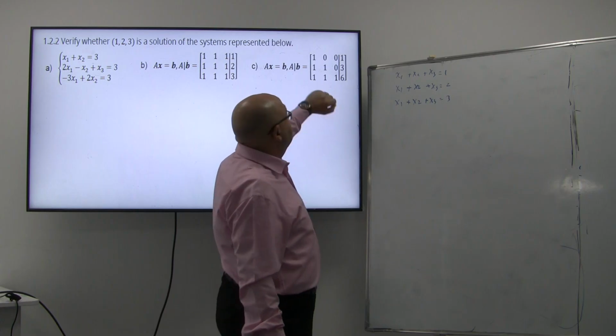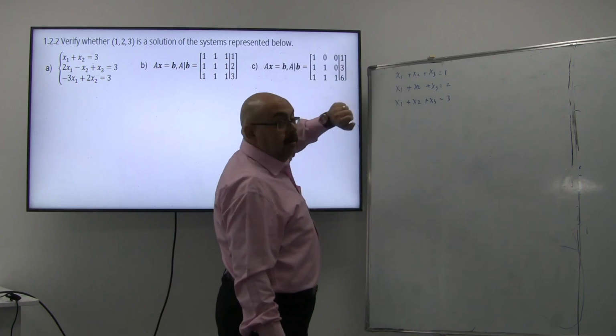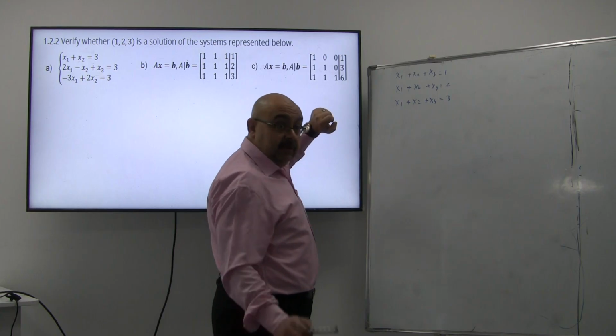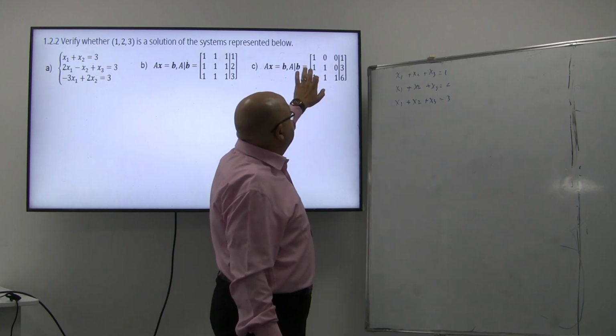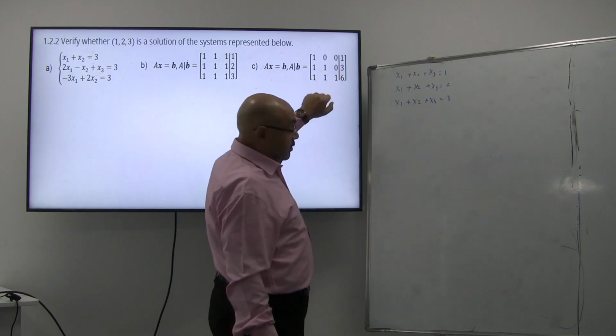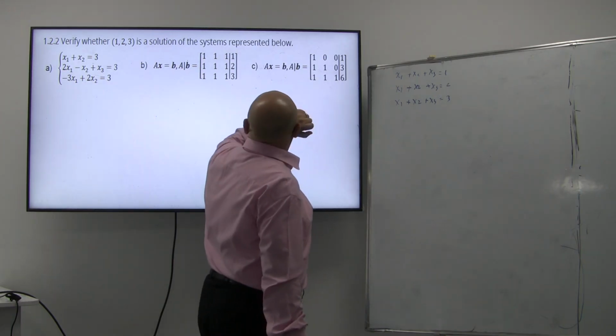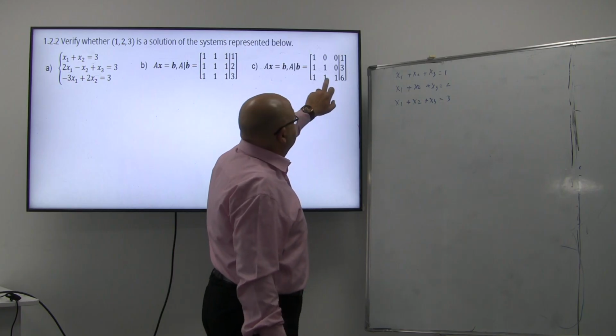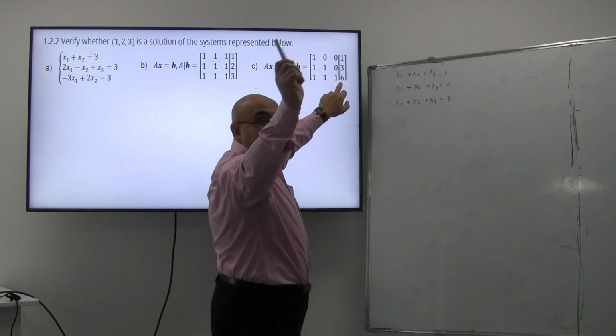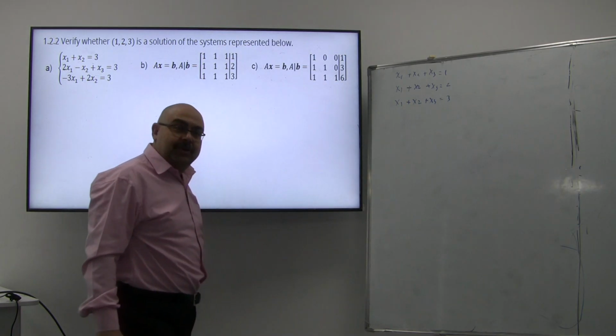Same way for the last one. Start to think. X1 equals 1. Did you check it? X1 plus X2 equals 3. Indeed, if I put X2 as 2, it will be 1 plus 2 equals 3. For the last one, X1 plus X2 plus X3 equals 6. It's correct, so it's a solution.